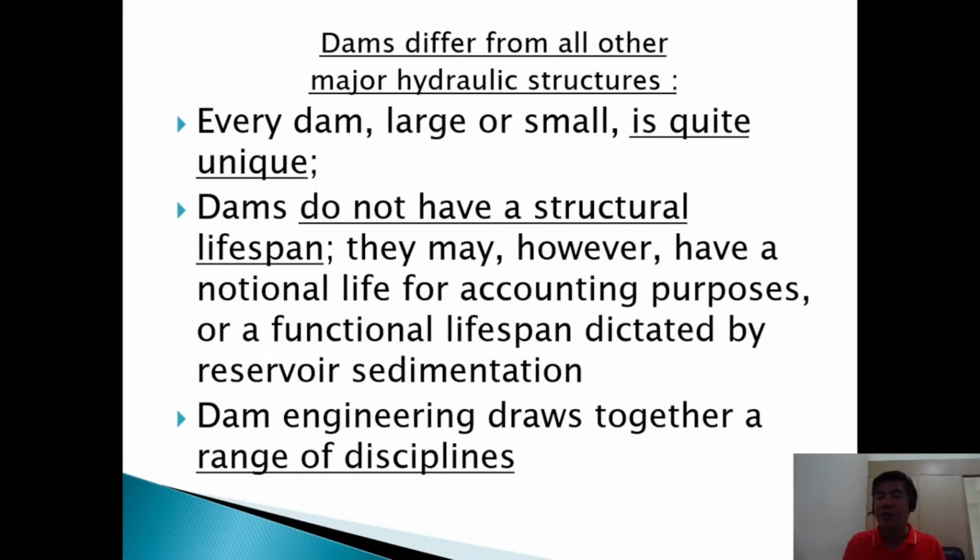When we say it's 50 years, it's not the 50 years of its structure. It's only intended for accounting purposes. Dam engineering draws together a range of disciplines, especially if it is a multi-purpose dam. Constructing a dam for the purpose of electricity needs electrical engineers, and mechanical engineers also for the construction of the turbines and other parts of the electrification that will be constructed in the dam.